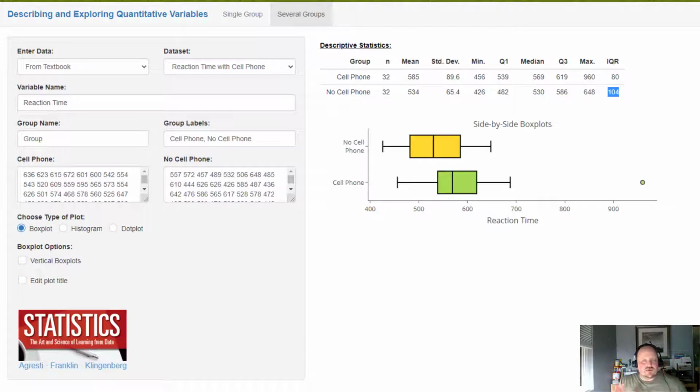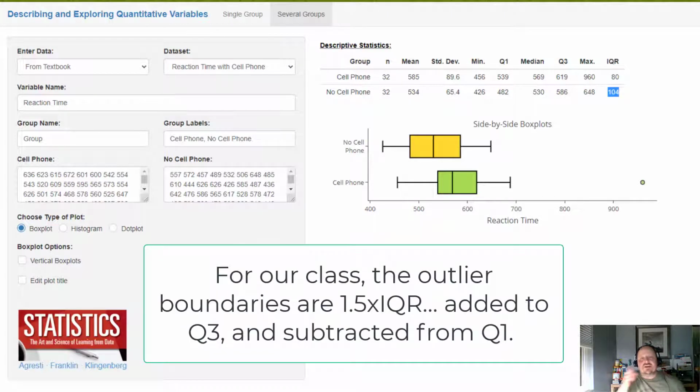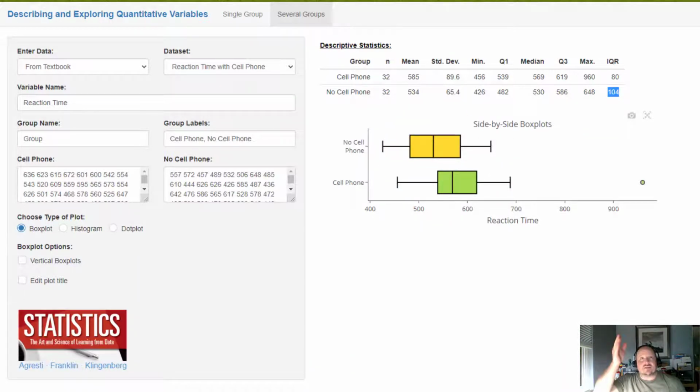Now, if you take that interquartile range and multiply it by 1.5, you're creating a wider range value. We take that and add it to Q3, so we add it on at the top end, and we subtract it from the low end. When we add it to the top end, we create a boundary, if you will, a fence. And any value outside of that fence is what we tend to say is an outlier.